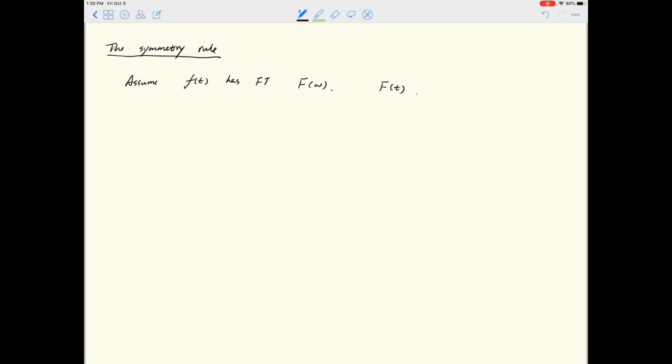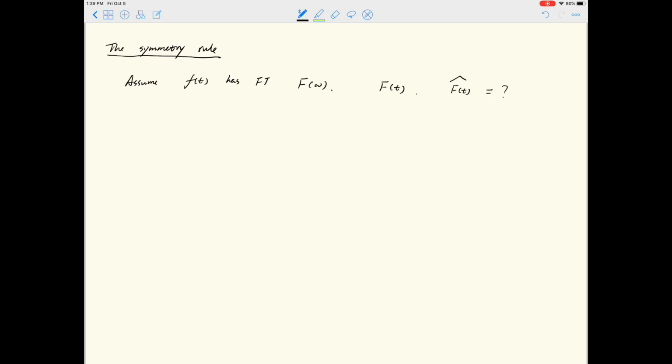The question is, if we view capital F as a regular function, what is the Fourier transform of this? Does the Fourier transform of capital F have anything to do with little f? Hopefully it does, so we need to find out.